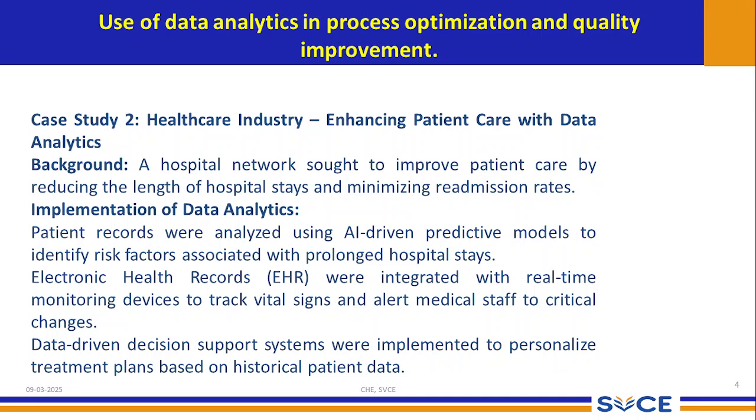So there are plenty of sensors available to collect the data from the patient directly, without getting into the hospital. So electronic health records were integrated with real-time monitoring devices to track the vital signs and alert medical staff to critical changes.